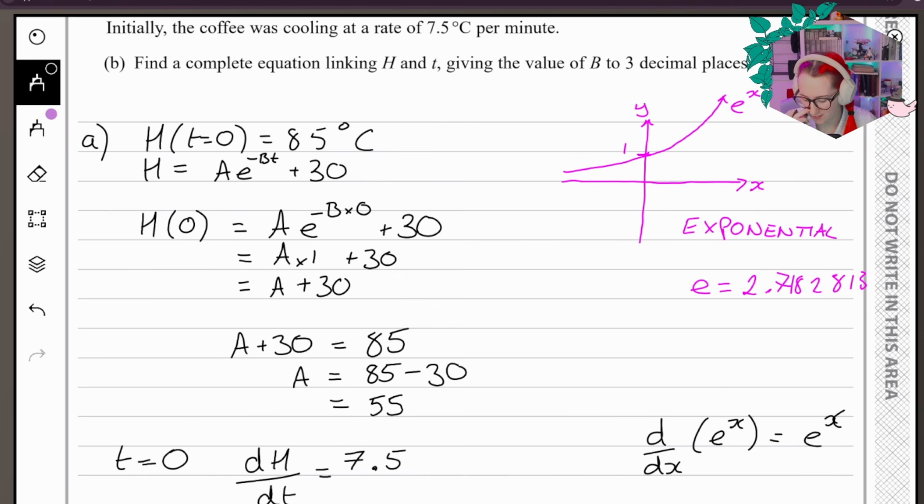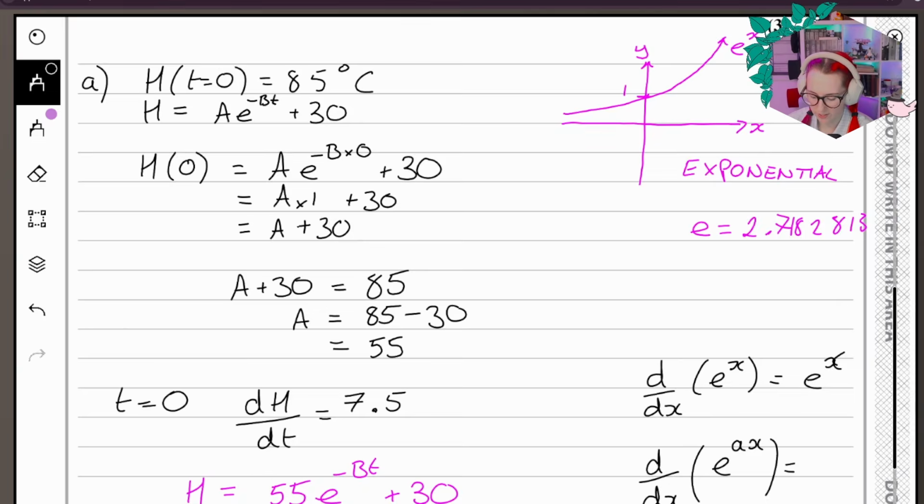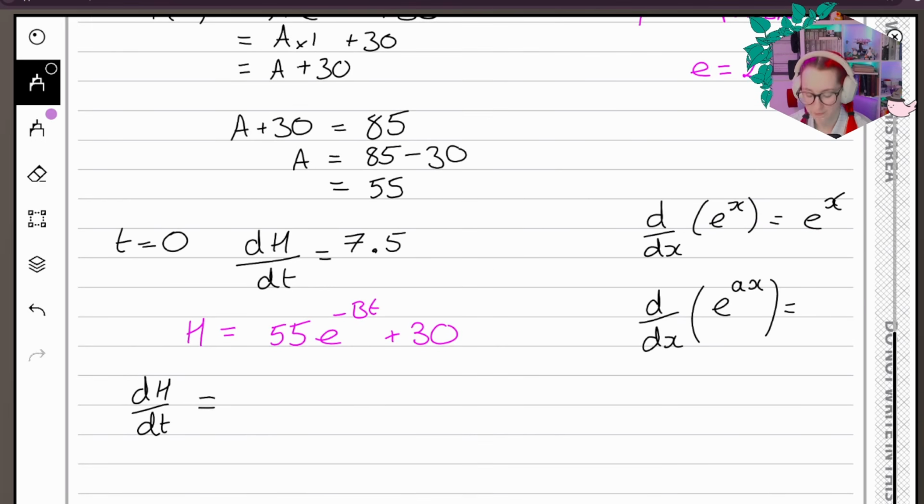But yeah, so the derivative of e to the x is e to the x. But when we have something in front of it, e to the, say, ax, then we do the trick that we did before with normal powers, where that comes out the front. So that's a e to the ax. But we don't do anything different to that power now.